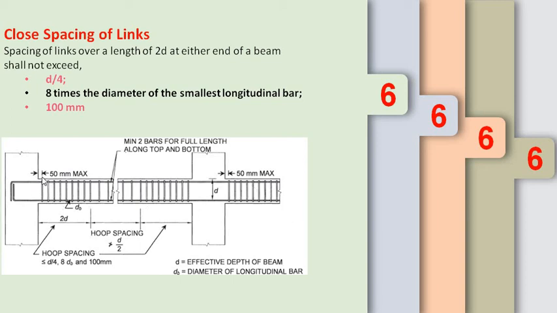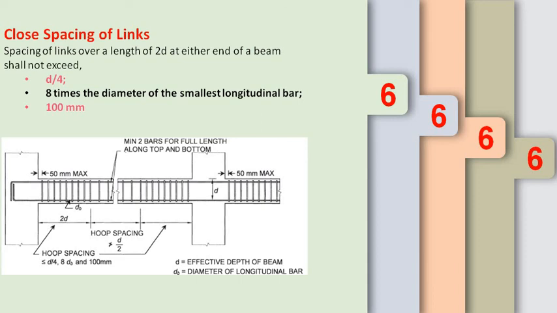You can see the provision of the links here. The first link shall be at a distance not exceeding 50 mm from the joint. That means this distance where your first link starts, that distance not exceeding 50 mm.